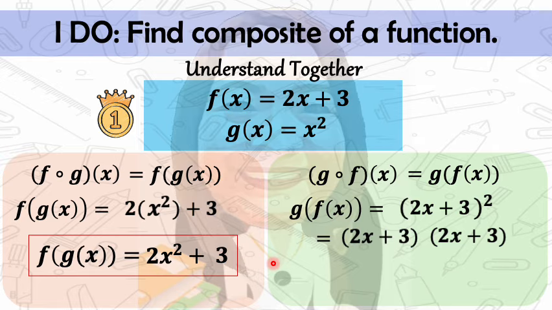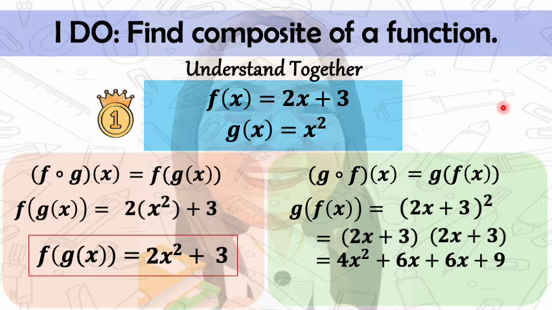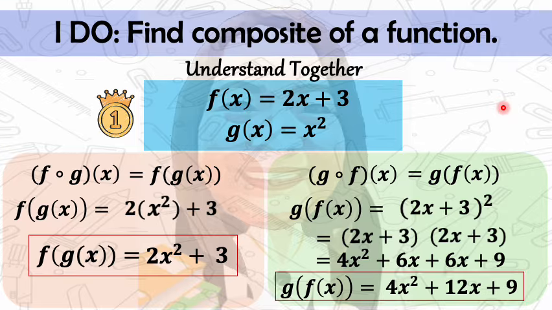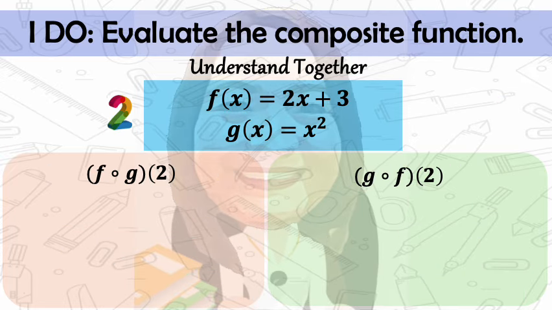Doing the FOIL method, we'll be able to get the partial product, and since there are like terms, we need to still simplify the expression. So our final answer is 4x squared plus 12x plus 9.